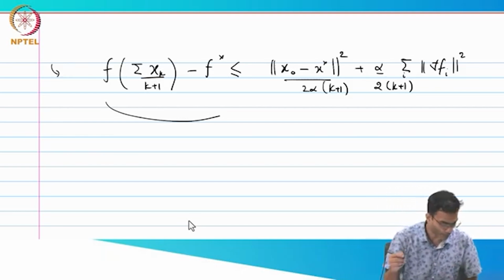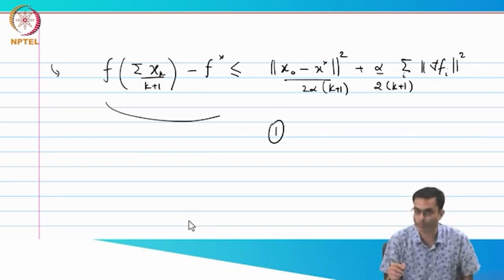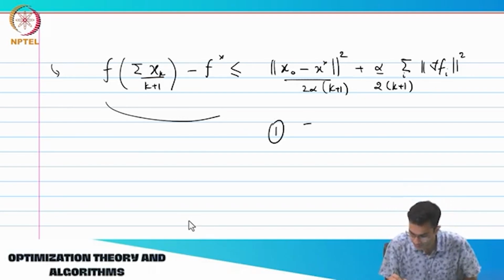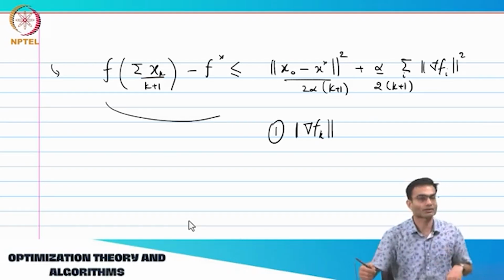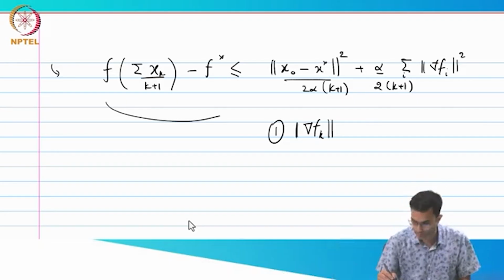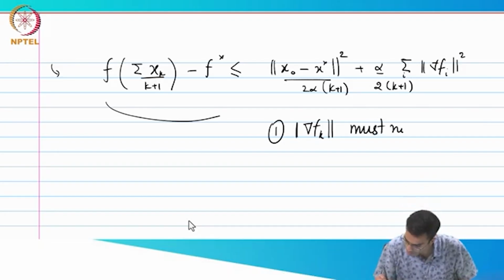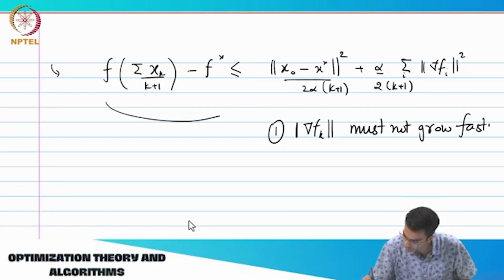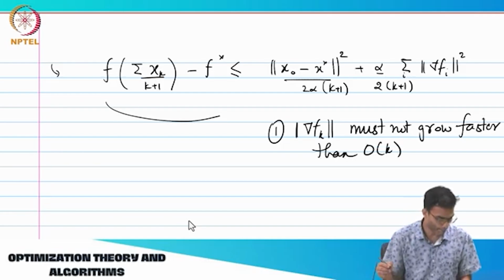For that to happen, we'll make a quick note of what we discussed. Grad f k must not grow faster than order k.